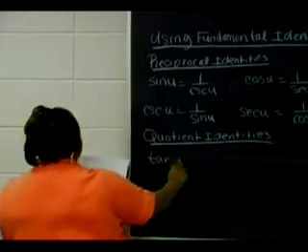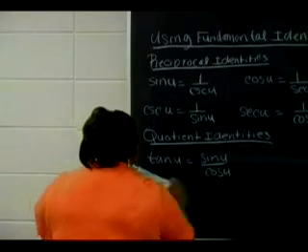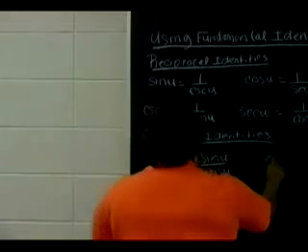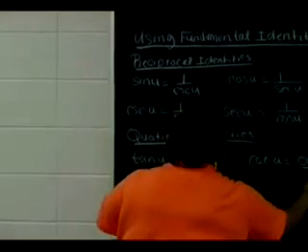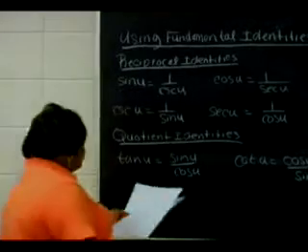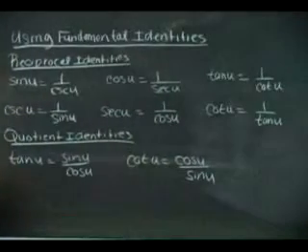That says tangent u is sine u over cosine u, and cotangent u is cosine u over sine u. Okay? We talked about these before.